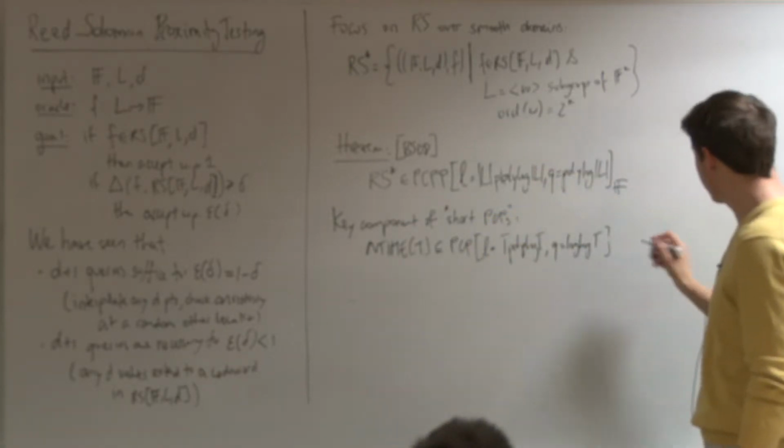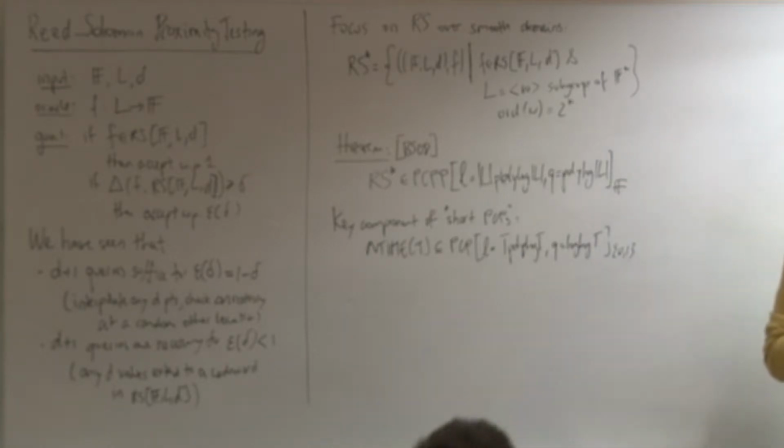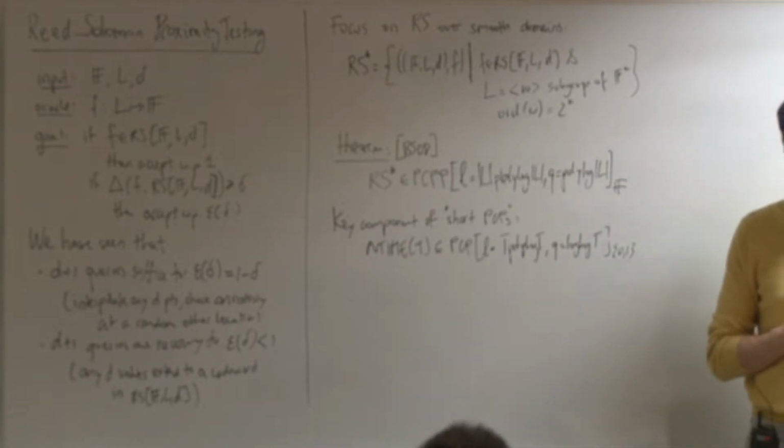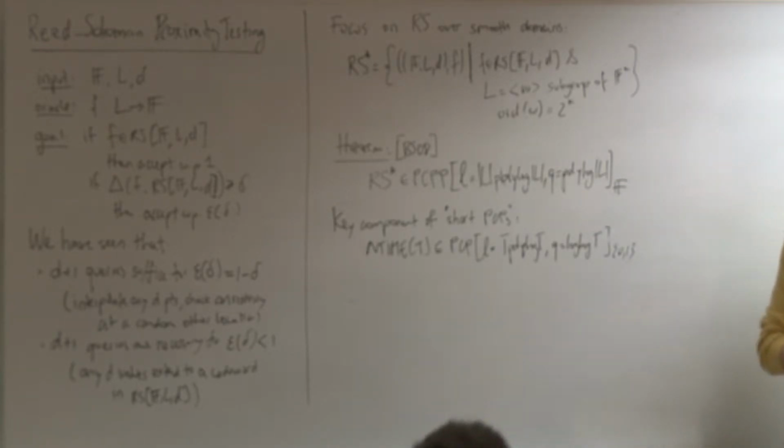Last time there was a question about where do short PCPs come from? Well, for example, this is a key step, showing that there are short PCPs of proximity for the Reed-Solomon code.